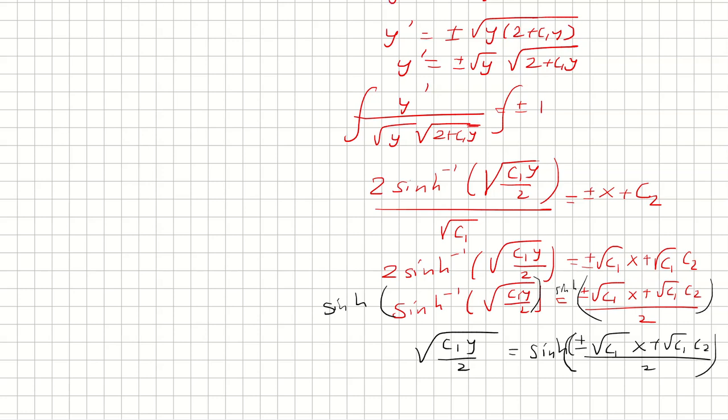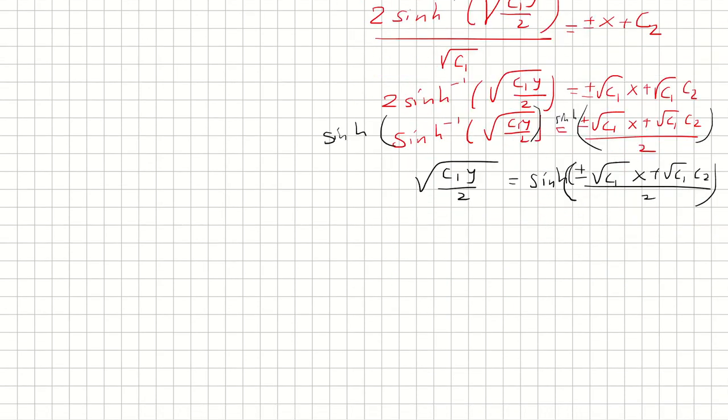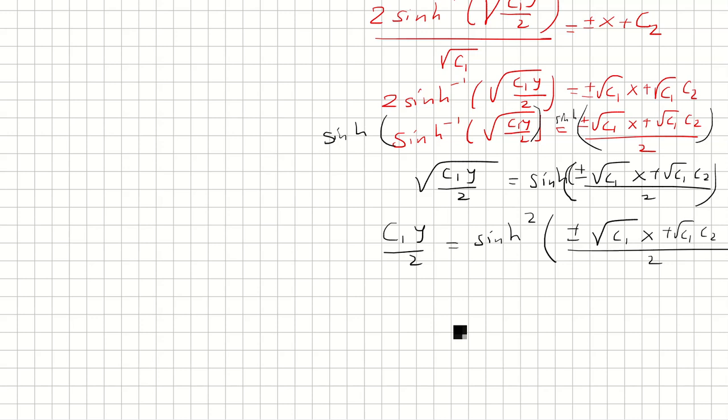And then to get rid of the square root, we have to square both sides. We have c1 y over 2 is equal to sinh squared. And then we'll multiply both sides by 2 over c1, to get y is equal to 2 over c1 sinh squared of plus or minus the square root of c1 x plus the square root of c1 times c2, over 2.